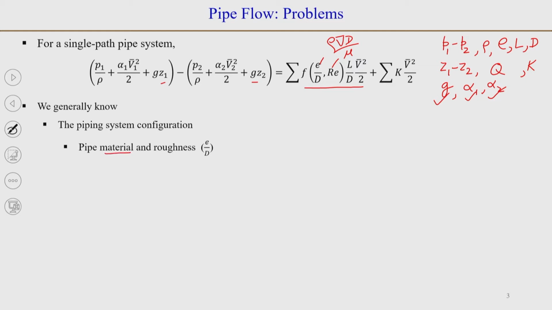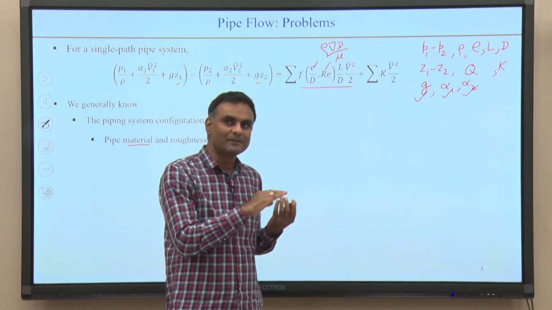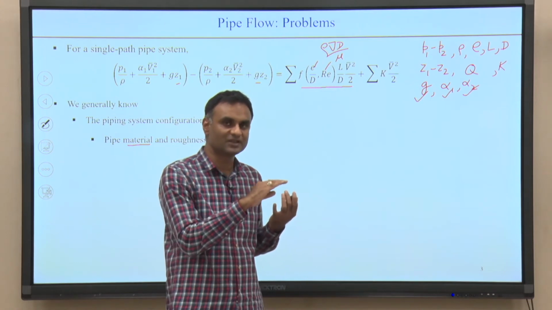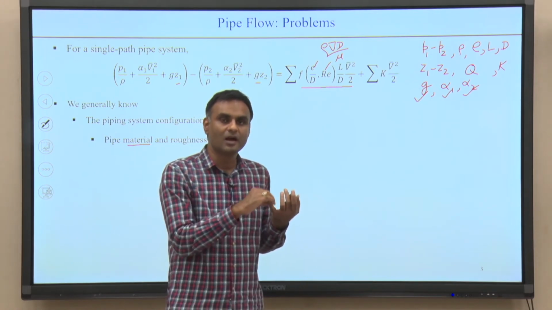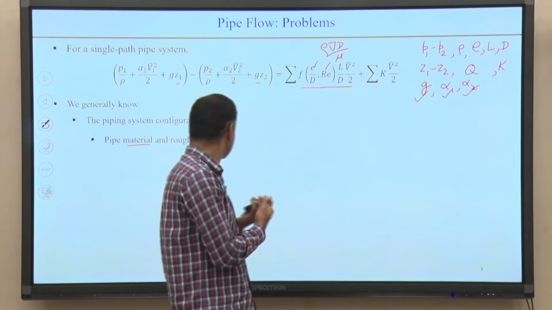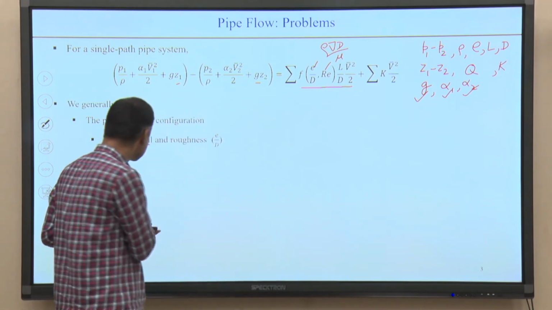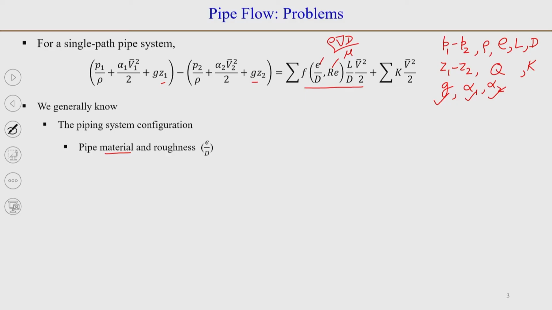You will have a different roughness for cast iron, or a different roughness for galvanized iron, and then it will also depend on the lifetime of the pipeline, because due to corrosion the pipe surface will be corroding, and over time the roughness factor may change. So, for a piping system configuration, roughness will be a function of pipe material plus other factors. So, if you know the piping system, then you will know the roughness.